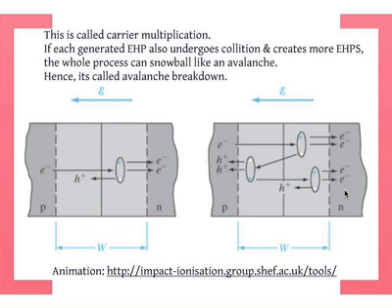Another way to think about it is, you have one carrier coming in, it generates two more electrons and holes, and itself, and each of these can generate two more and themselves.